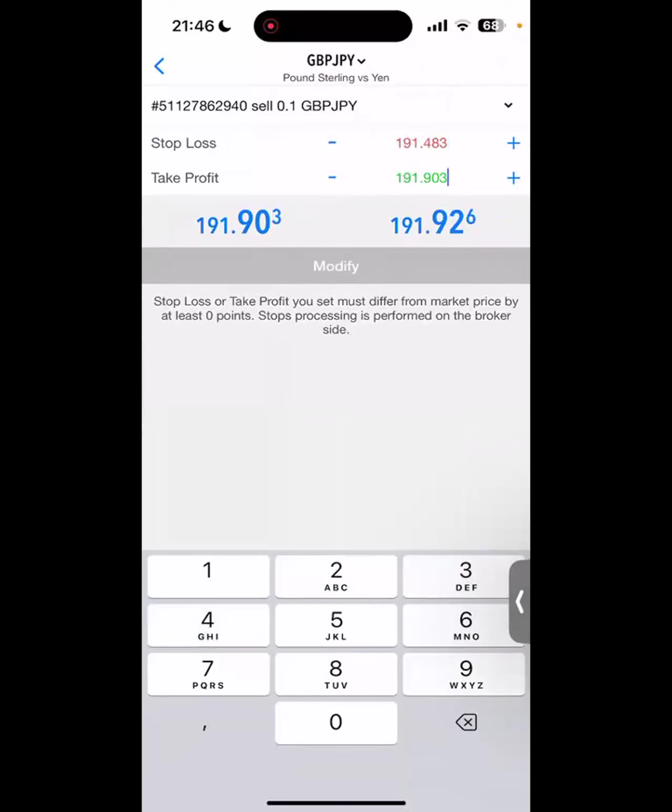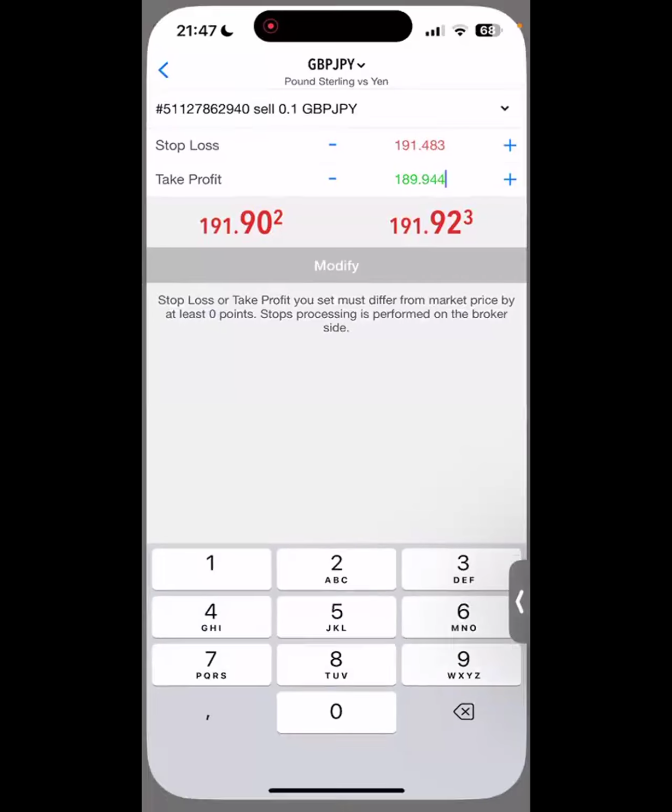Did you write it down? Okay, put your take profit. No. Let's see. We have to confirm what you're doing. So go to the idea. The WhatsApp group? Okay.